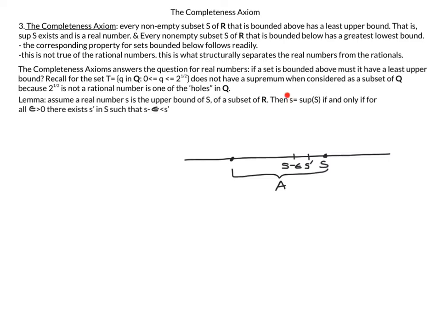So the idea is that S is equal to the sup of a set. Let's say we have a set A. S would be the sup if and only if, no matter how small you choose this epsilon, if you go S minus epsilon, something a little bit smaller than S, you'll always be able to find some other S prime that is part of your set S. So it means it's the sup if, no matter how small a deviation you go away from S, there's always another element of your set S. It's an interesting little fact.